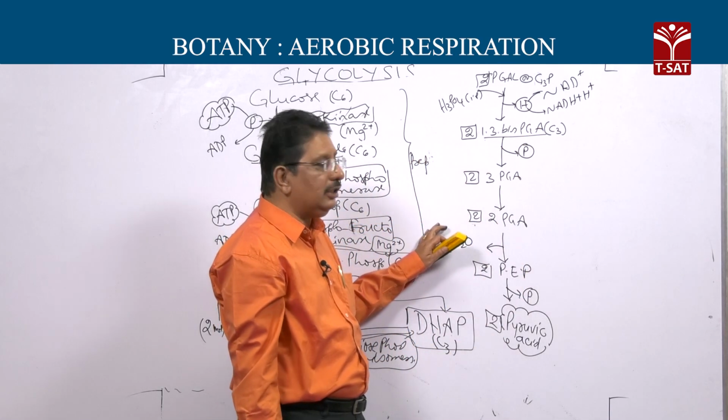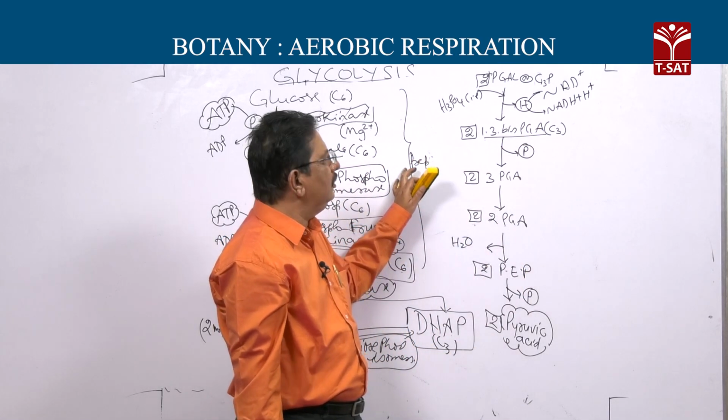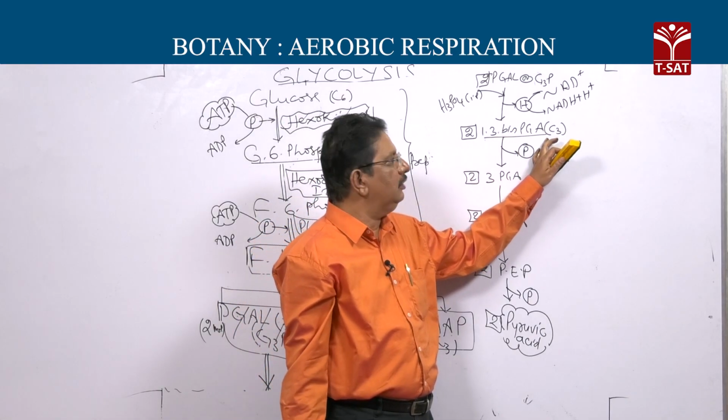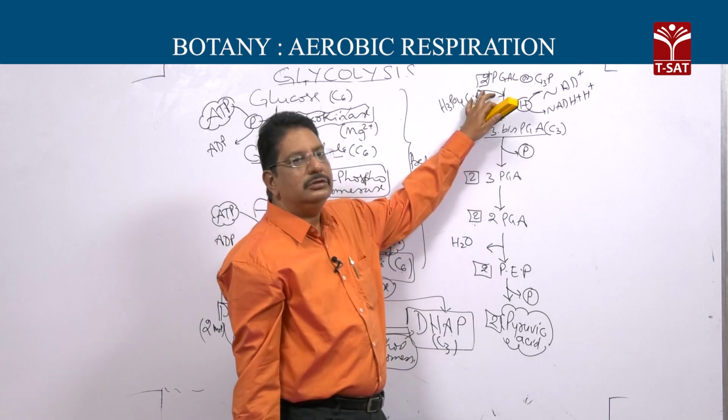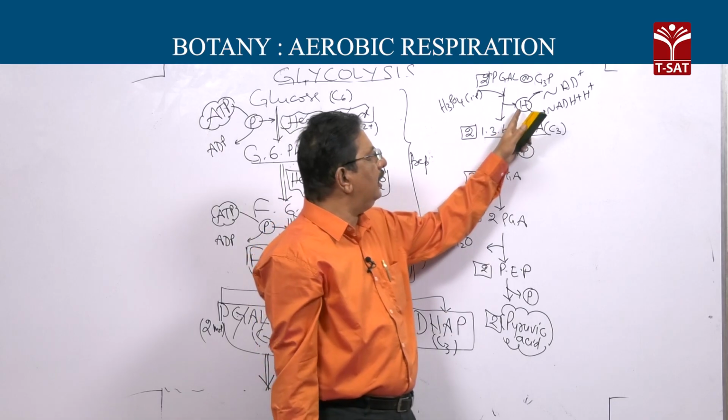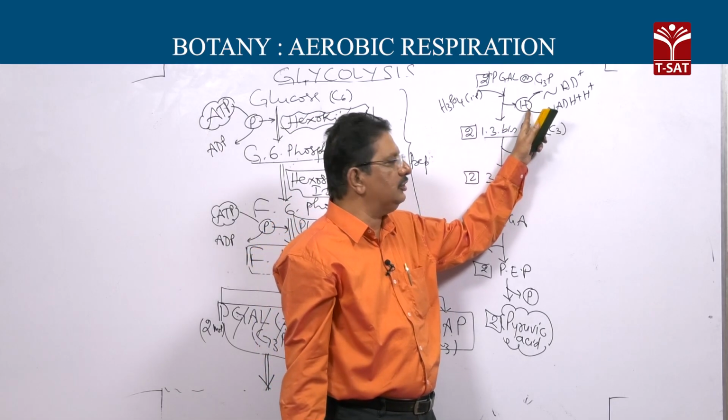So, another intermediate in glycolysis is a C3 compound, 1,3-bisPGA, which is formed from G3P after a phosphorylation and an important reaction, oxidation.